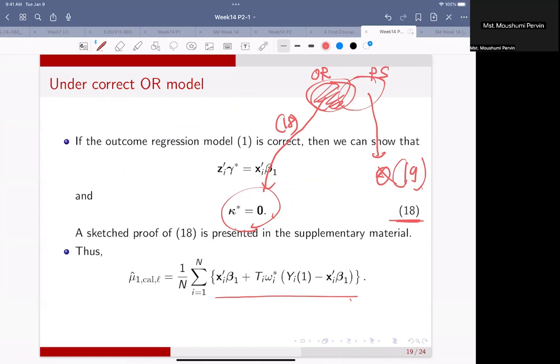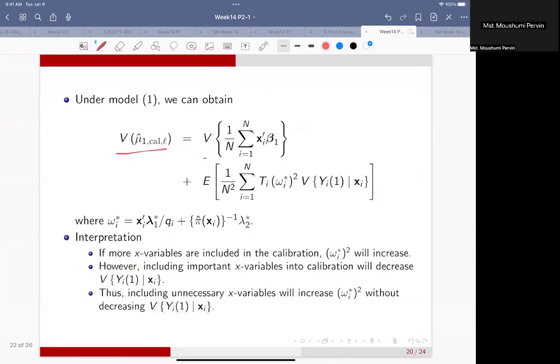So the first part is this one. And the second part is the variance of the expectation with respect to y given x, basically, the variance of y given x. So that's the formula.